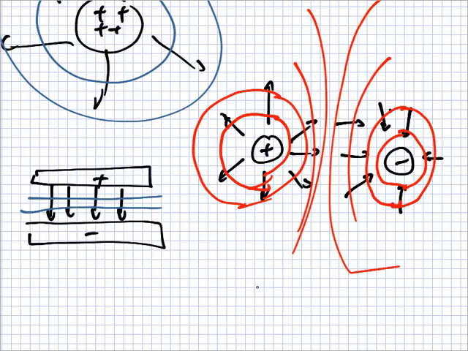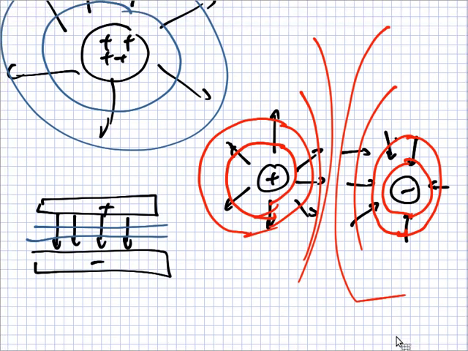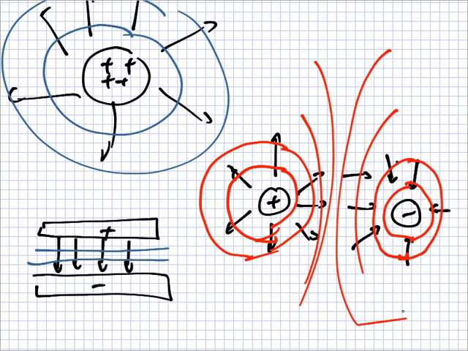Potential energy is the same. But for the exam, what I care about seeing is circles, circles, and these vertical lines. Yeah? What?